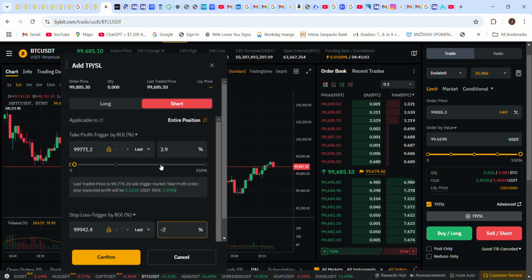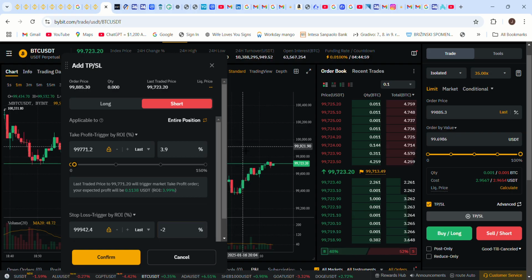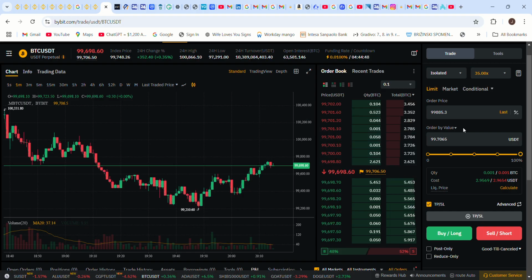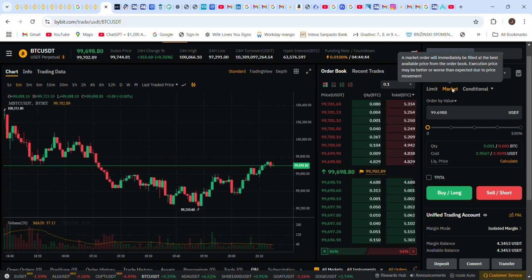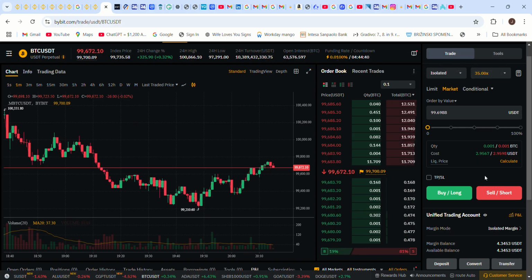And we will set our limit price. The limit price is 99,885. So we will not be able to do this. We will do it like this so that you can see what is going on. We'll put on market. That means that we will enter the game immediately. I will press sell short.